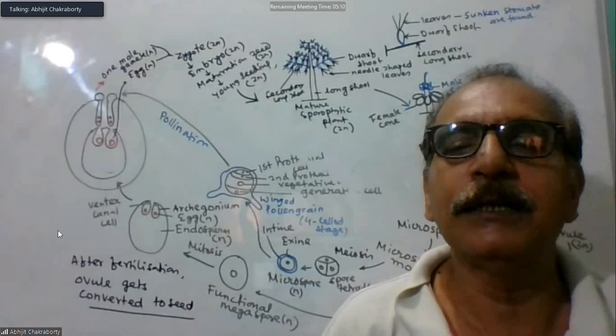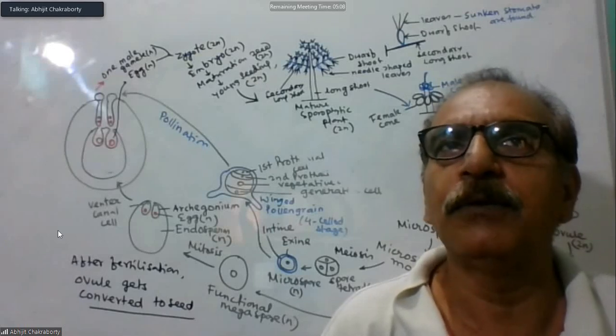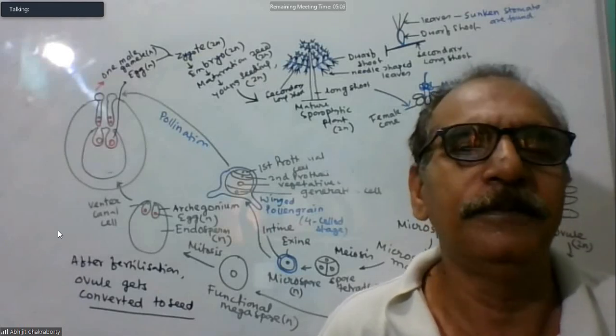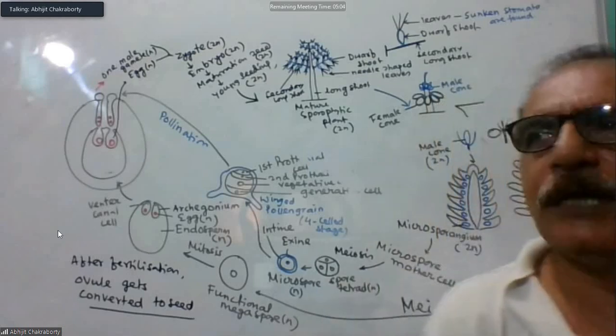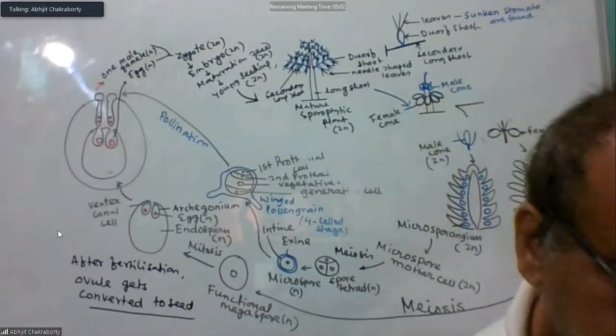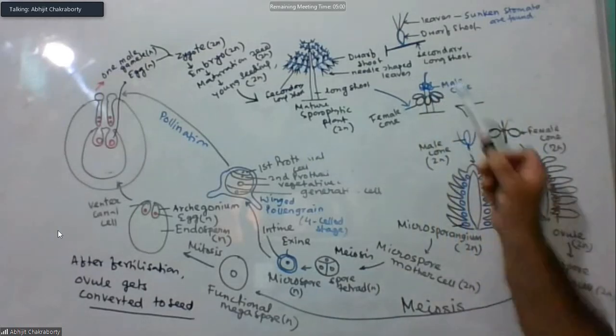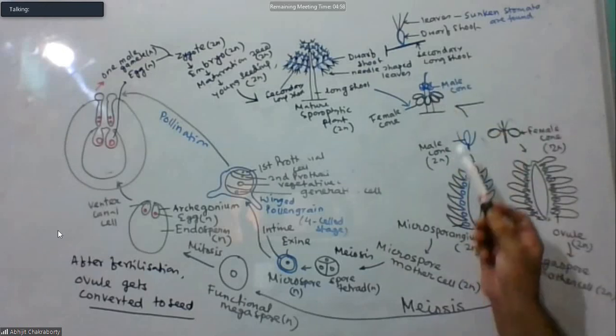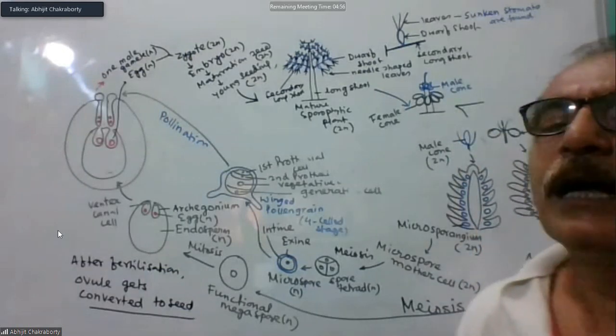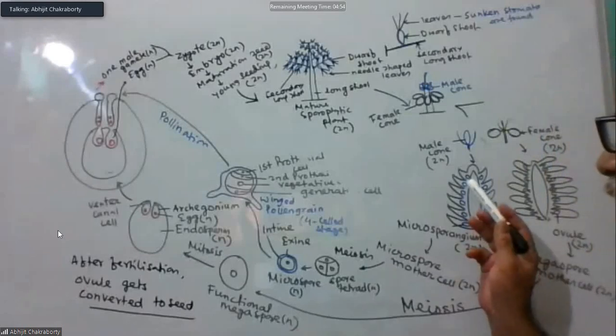Actually, pollination time in case of Pinus is almost March, April, and during this period of time from the male cone, a large number of pollen grains are liberated out.